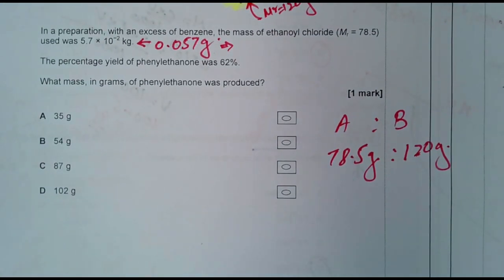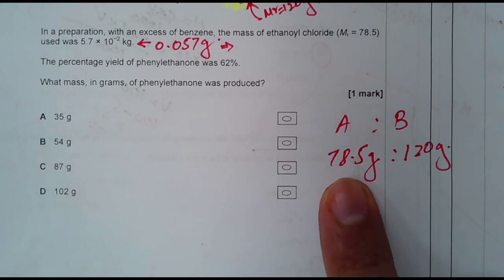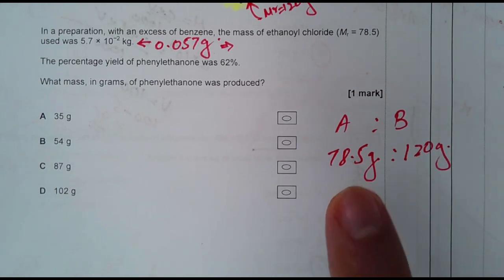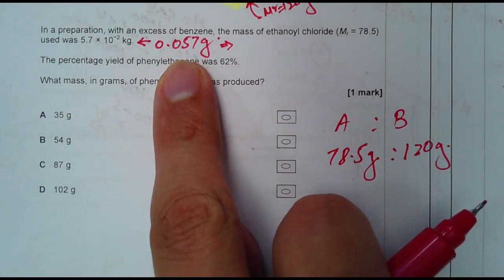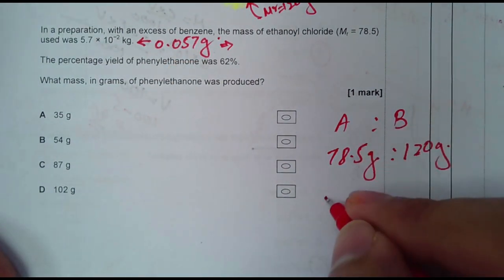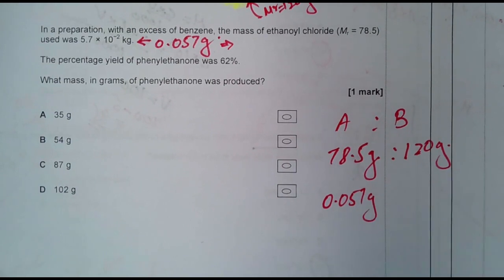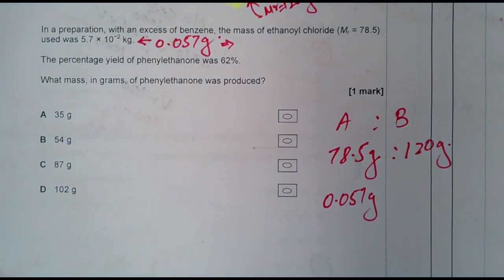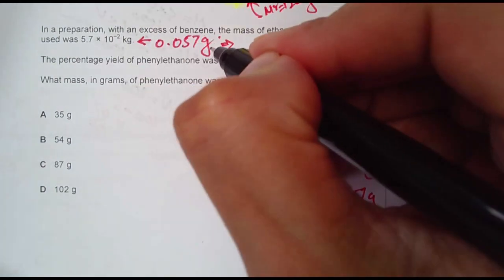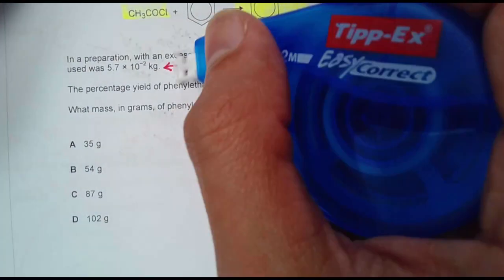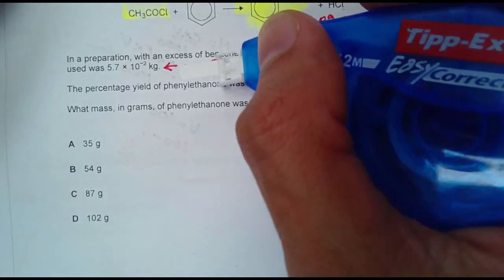Are we happy? Now, we are not using 78.5 grams. We are only using 0.057 grams. So if I do 0.057 grams, it should produce, look, you guys are not telling me this is wrong conversion. This is the wrong conversion, right?